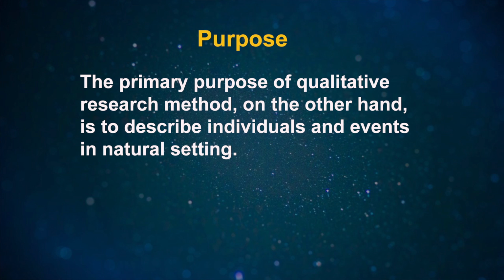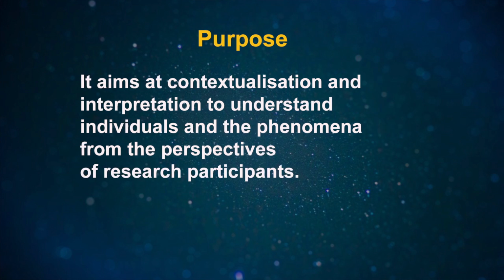The primary purpose of qualitative research method, on the other hand, is to describe individuals and events in natural setting. Further, it aims at contextualization and interpretation to understand individuals and the phenomena from the perspectives of research participants.